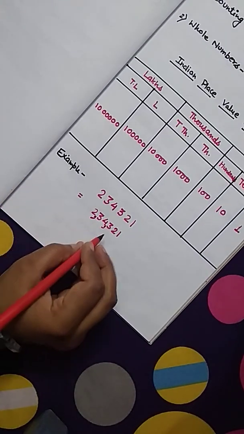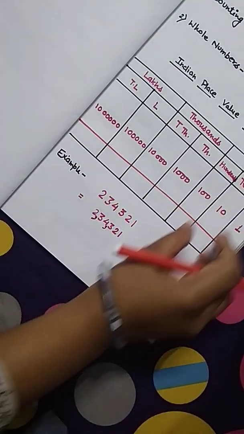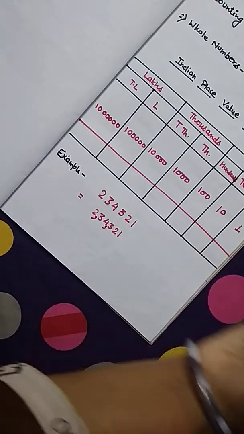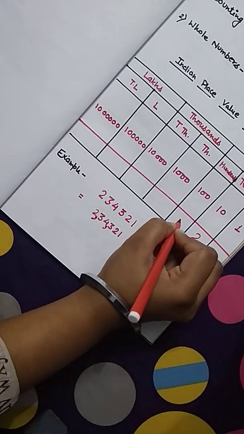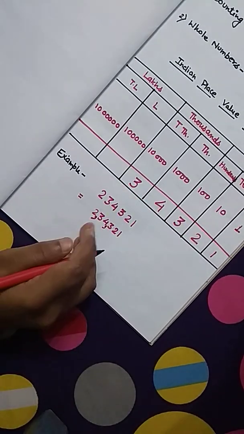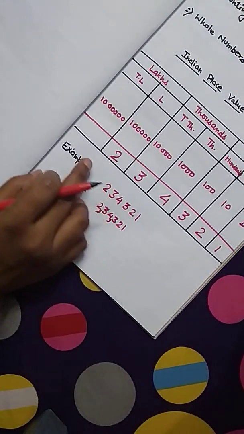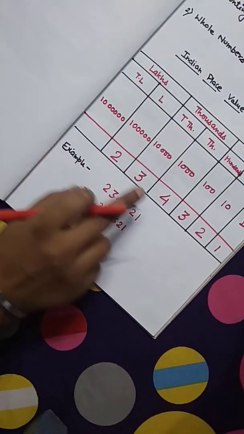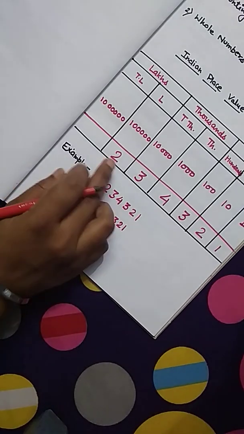Now we arrange each digit period-wise. This is for the ones period. Start from the right hand side: 1 2 3. Here 4, then 3, then 2. Now see here, 2 comes in the lakhs period, so we call it 2 lakhs.